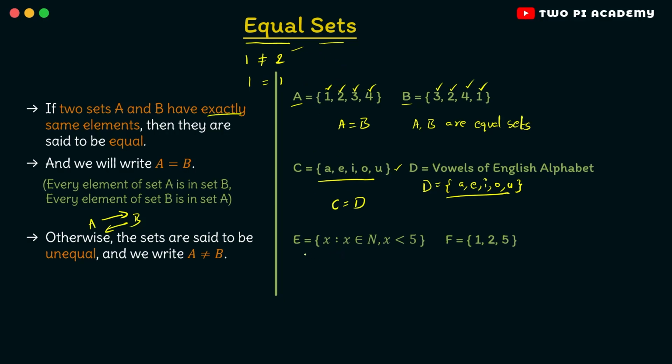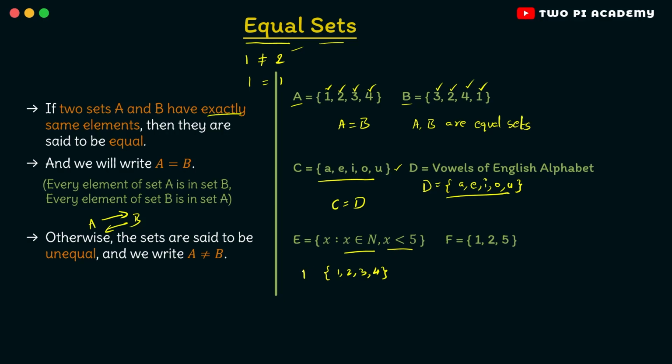And now the final example. Capital E is the set of all x such that x is a natural number and x is less than 5. So we first have to list the natural numbers less than 5, which are clearly 1, 2, 3, and 4, right? 5 is not less than 5.